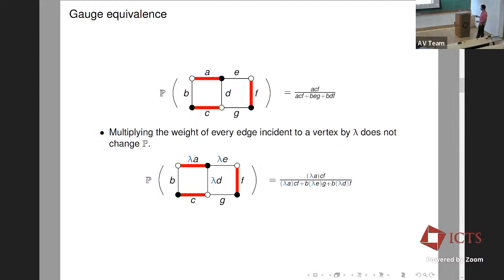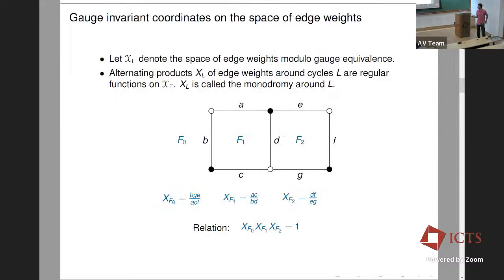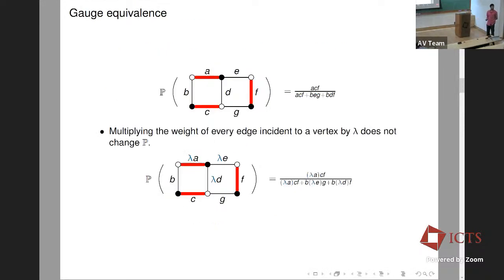So we are going to define the space of weights on this graph as these edge weights modulo these gauge transformations, where you modify the weights in this way. Yeah, you want to mod out by such transformations at every vertex.